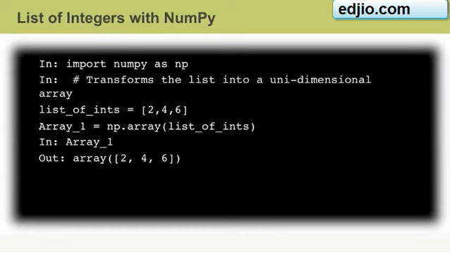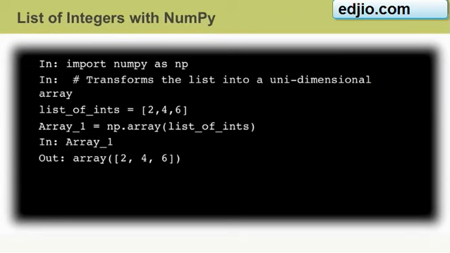Now the code example in this slide demonstrates some Python code in which the NumPy package is used to create a one-dimensional ndarray object containing a list of integers. In the very first line, we are importing the NumPy package as an object named np. Then we have a commented line indicating the intention of the code section that follows.